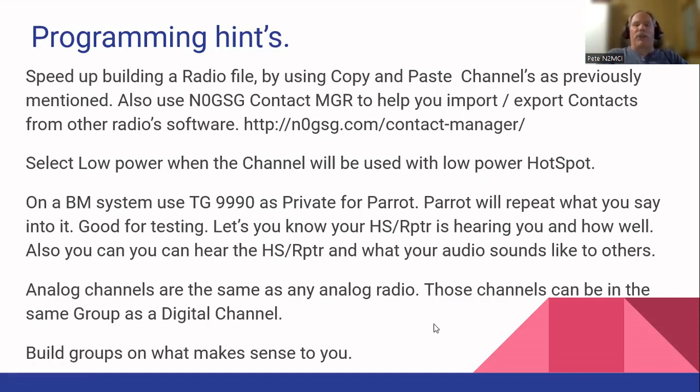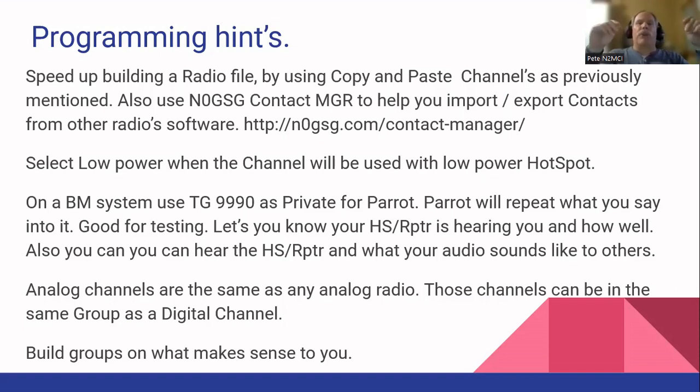And the analog channels are the same as digital channels when you're building a code plug. What I do is I also build my daily driver talk group, which may have 805 repeater in it, a couple of simplex frequencies, some DMR channels in there. So when you're driving, you don't have to toggle into a different talk group. You can stay within that group or bank.